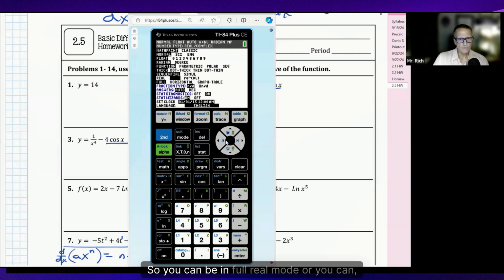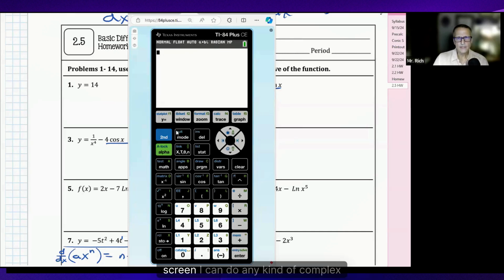So you can be in full real mode, or you can be in the mode right here. And once I'm in there, when I go back to my home screen, I can do any kind of complex number math with the i button that's right down here on the decimal.